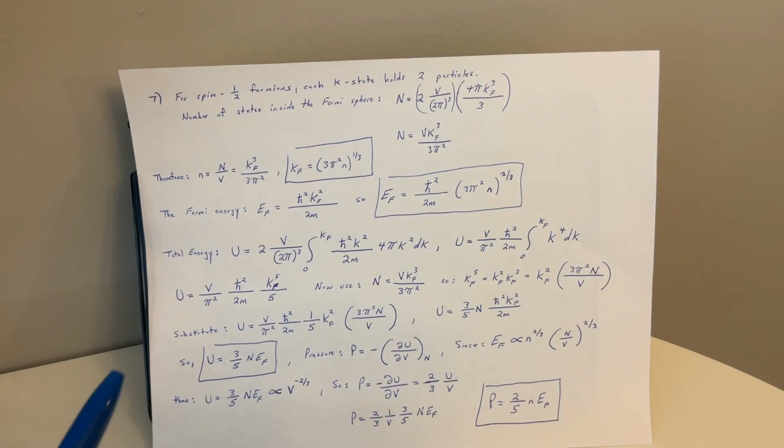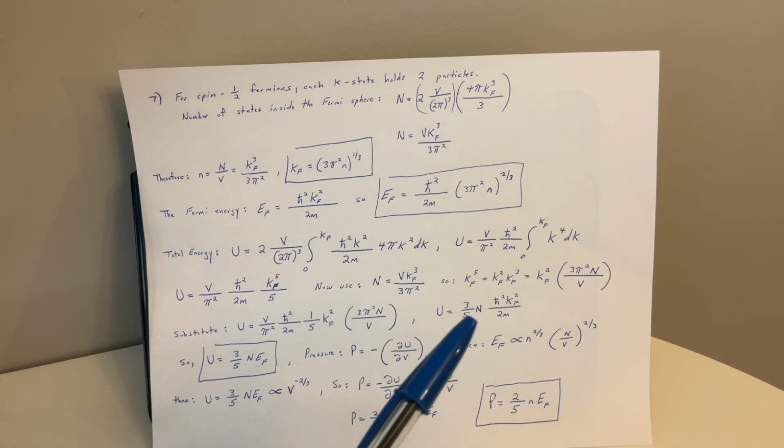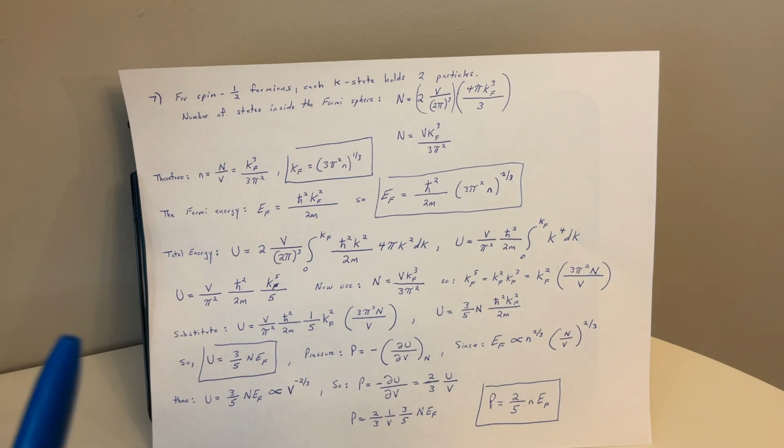So substituting, U equals V over pi squared times h bar squared over 2m times 1/5 k_F squared times (3 pi squared n over V). U equals 3/5 N times h bar squared k_F squared over 2m. So U equals 3/5 N E_F.